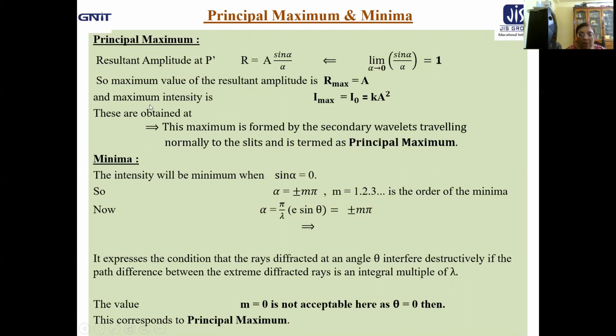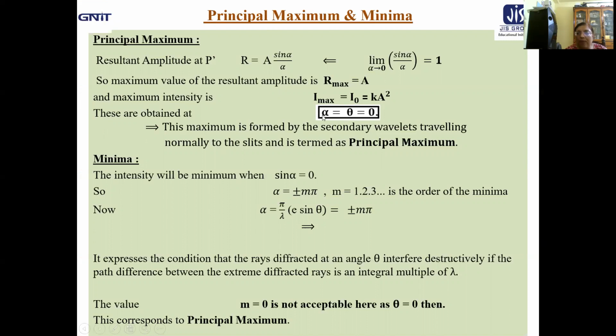Clear? Now look, these are obtained where alpha equal to theta equal to 0, because in the limit you have taken alpha tends to 0. Now what about alpha? Pi e sine theta by lambda, we already found out. Other than theta, everything is constant there. Pi is constant, e is constant, lambda is constant.